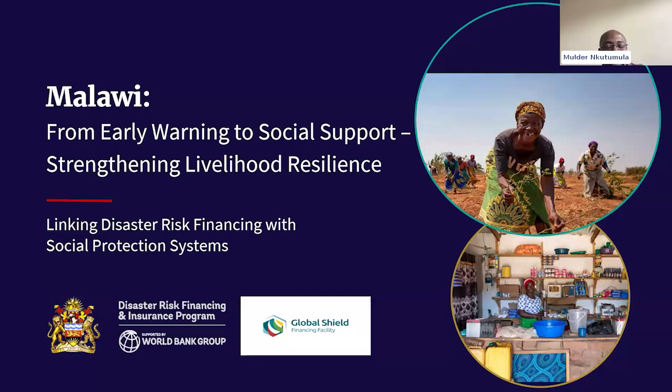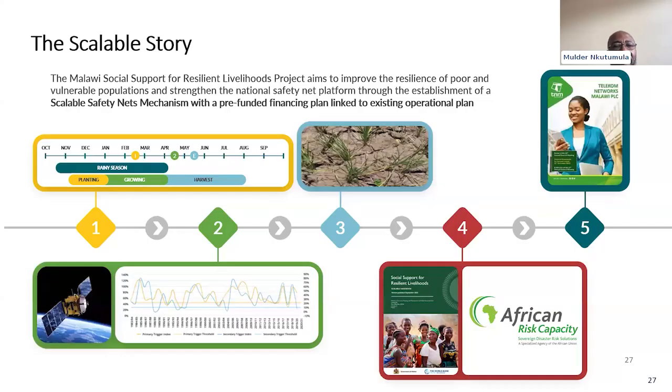All right. Thanks a lot. I'll go through the Malawian presentation on how we use the early warning system to strengthen livelihoods. This tells the whole story. First, we look at the rainy season in Malawi, where we can predict that in the coming months there will be food insecurity based on drought.